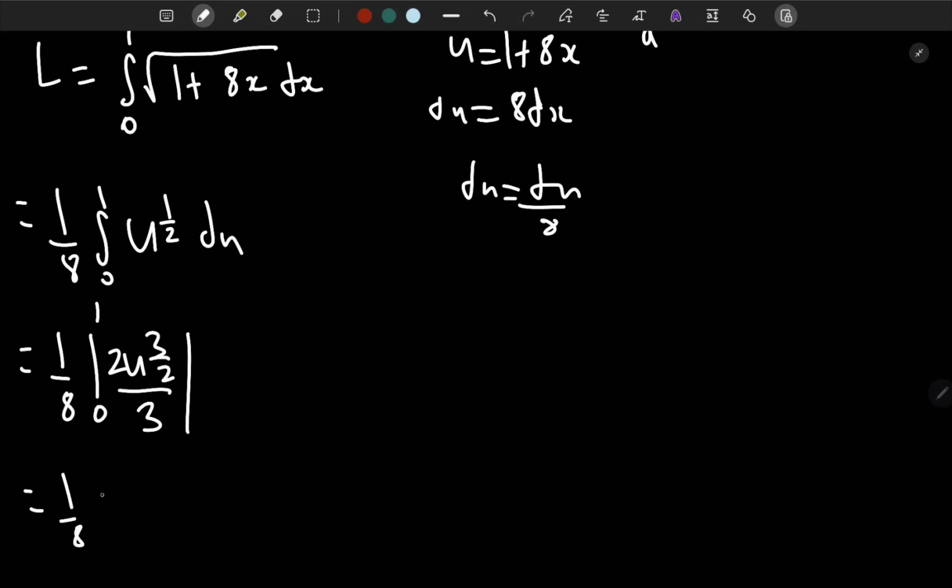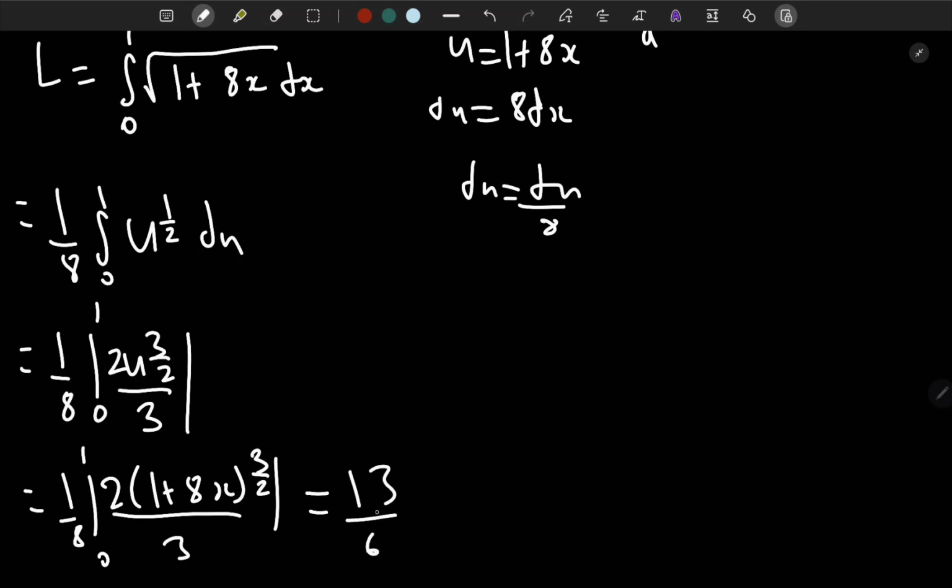So 1 over 8, 2 into 1 plus 8x, in brackets, to the 3 over 2 over 3, and now we plug in the limits, and the final answer that you should get is 13 over 6.